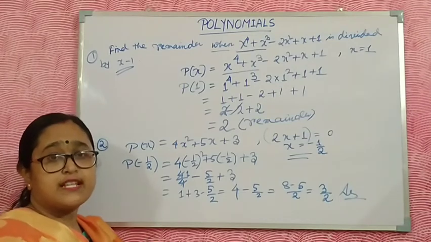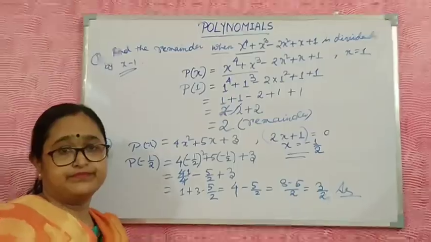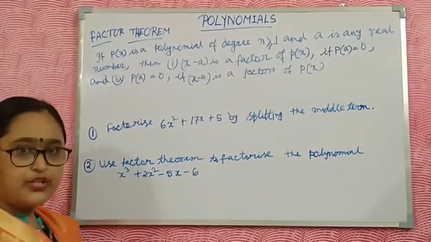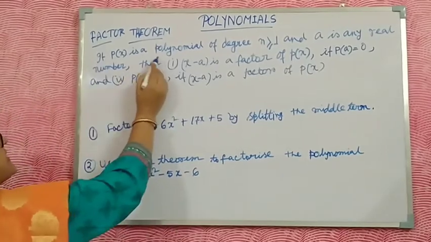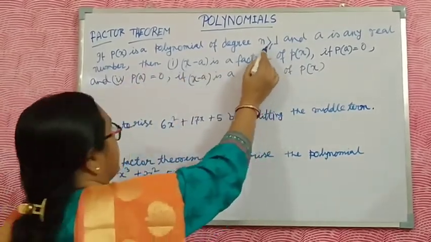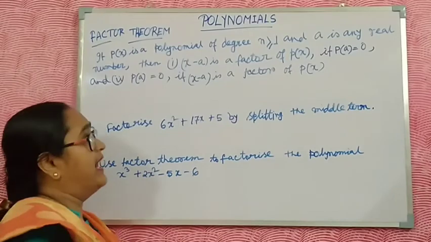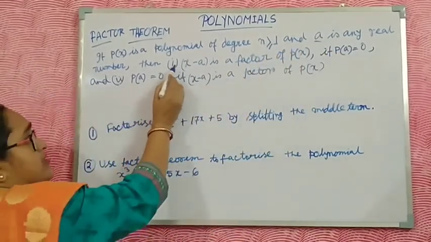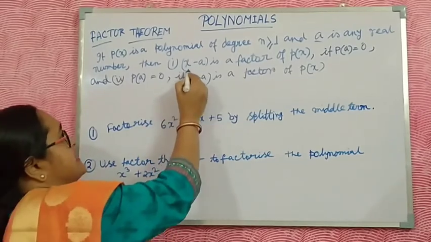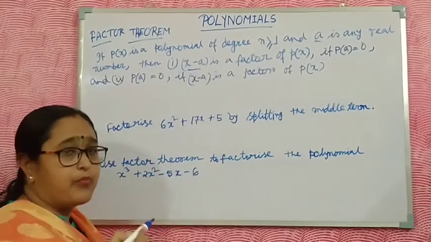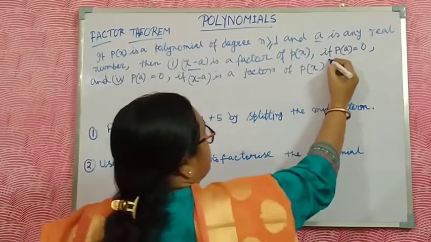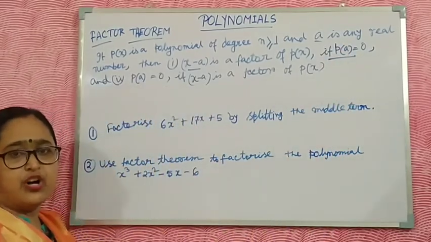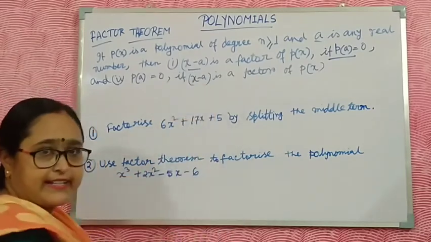Now I am going to discuss the factor theorem. What is the factor theorem? This is also under polynomials. If px is a polynomial of degree n greater than or equal to 1 and a is any real number, then the first criterion is: x minus a is a factor of px if pa is equal to 0. If the remainder is 0, then x minus a is a factor.